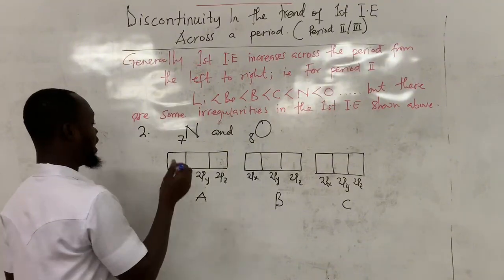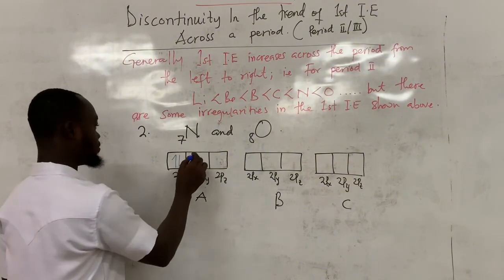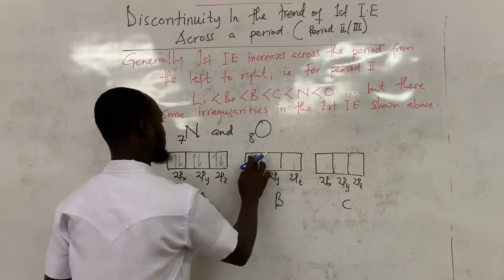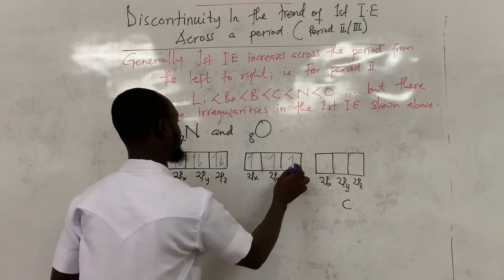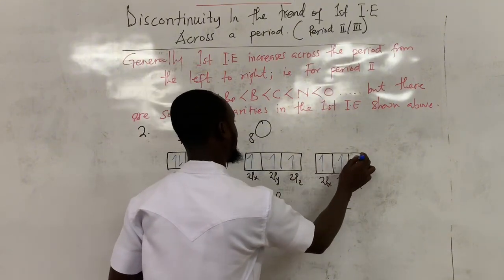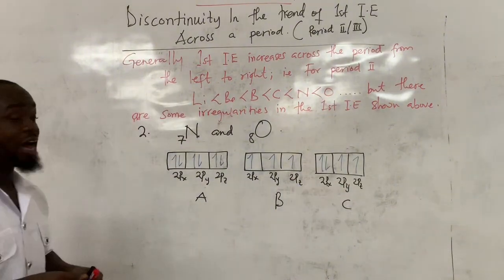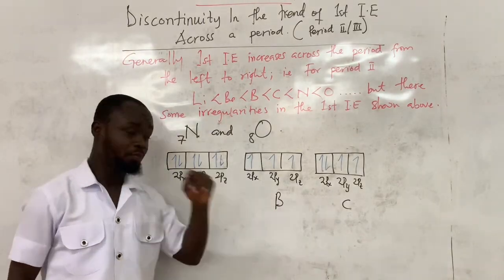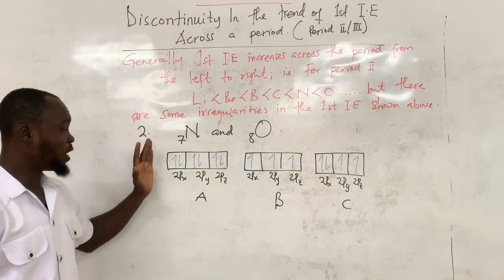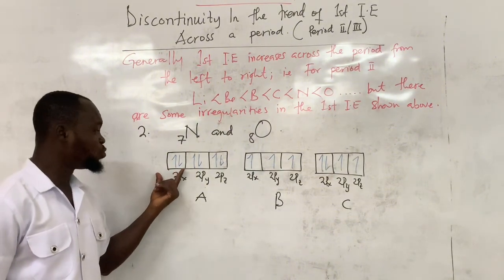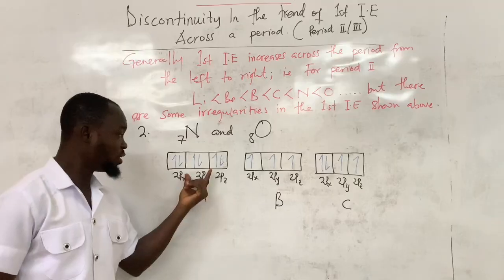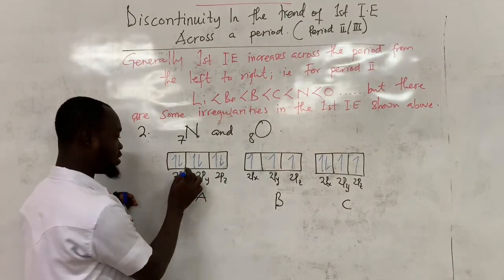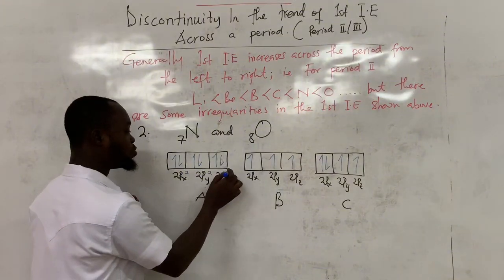In A, I have an orbital arrangement like this. Now, I have three configurations illustrated for A, B, and C. We could see that for A, we have two electrons indicated by the spins here, here, and here. So in terms of electron configuration, I'll write 2px2, 2py2, 2pz2.